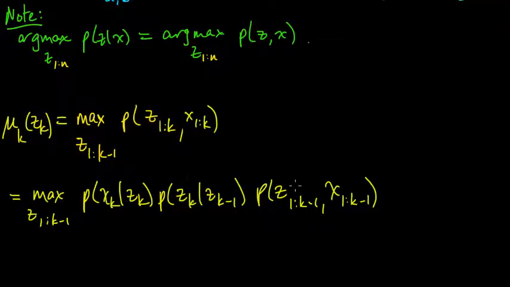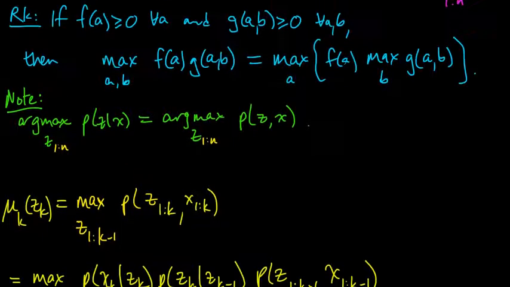Now things are looking good, but not quite. It's the joint over z from 1 to k minus 1 and x from 1 to k minus 1, but we'd like to make it look like mu k minus 1 of zk minus 1. So we need to get a max in here. We have this little remark now, so let's see if we can use it to move a max over b in.